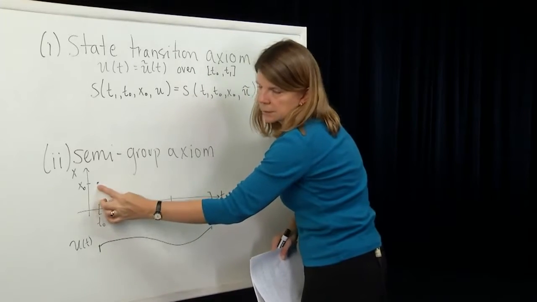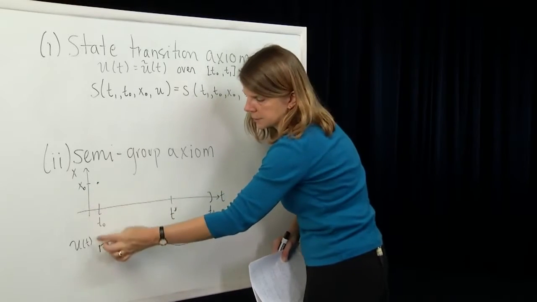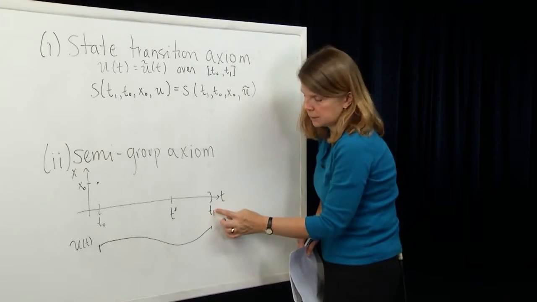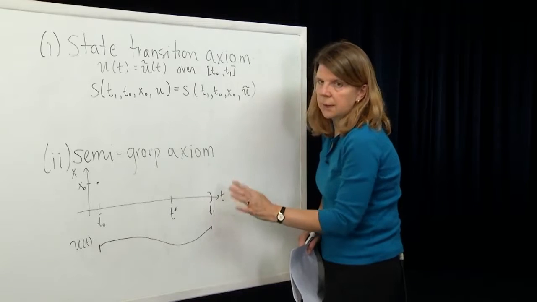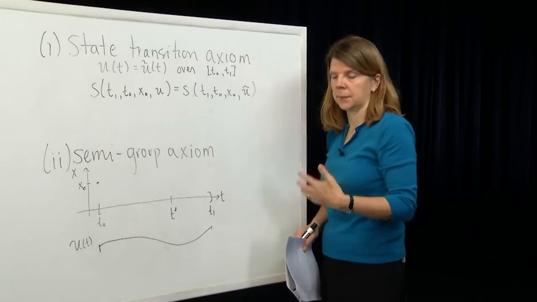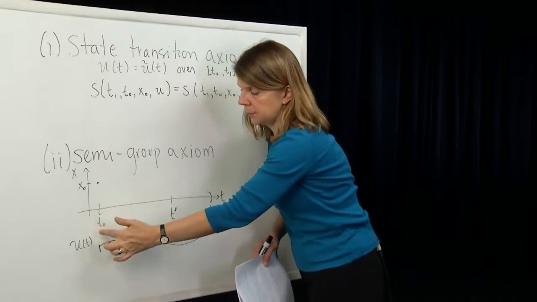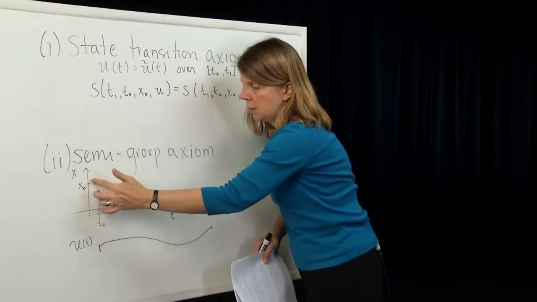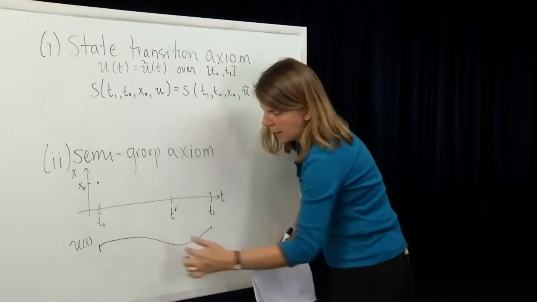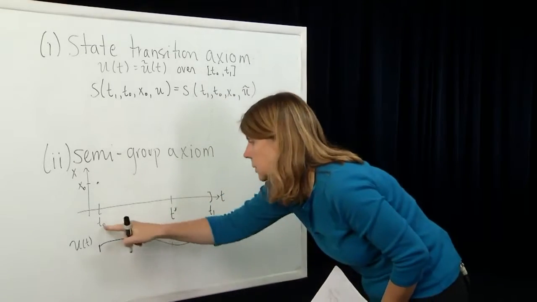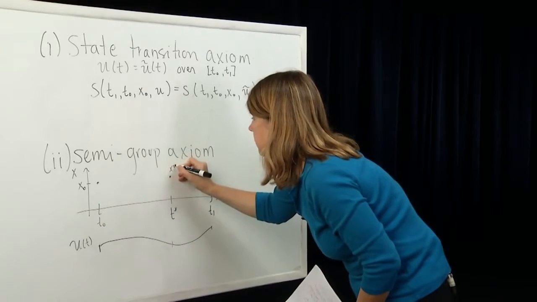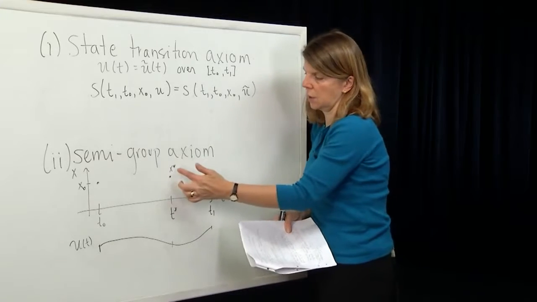So start the system at time t0 with state x0 and apply this input over the whole time interval, and then look at the state at time t1. The value of the state at time t1 is the same as if you started at time t0 at state x0, evolved the state to time t star using that portion of the input between t0 and t star, and got some value of the state x star.